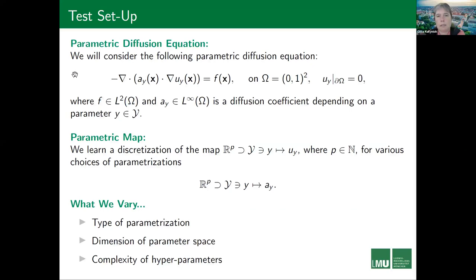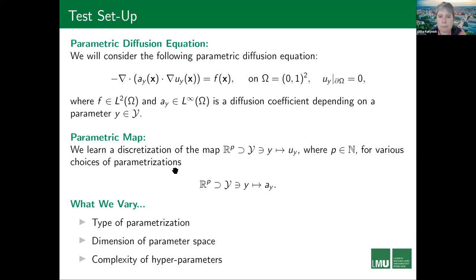We take this diffusion equation. So we have here the parameter. It's defined on the unit square, and on the boundary we have 0 as a condition. These a_y are the diffusion coefficient. We will say in a moment in a bit more detail how we define that precisely, because that will be the parameterization where we want to check how sensitive things are.